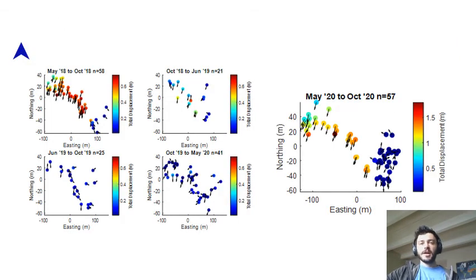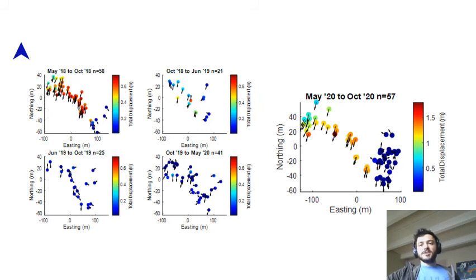So what do the results look like? We can plot them in terms of a map, where each one of these dots in plan view represents an extracted tree. The color represents the magnitude of movement, and the vector represents the direction of that movement.